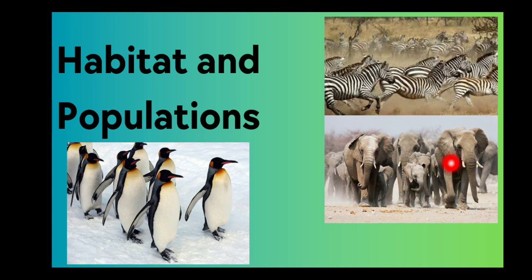A large group of elephants walking, running together. And this is a colony of penguins. So some animals live in groups, and this helps them to protect themselves from predators, from animals that eat them.